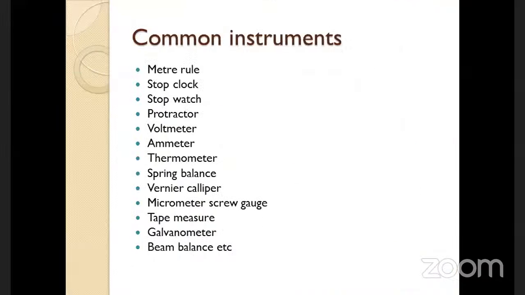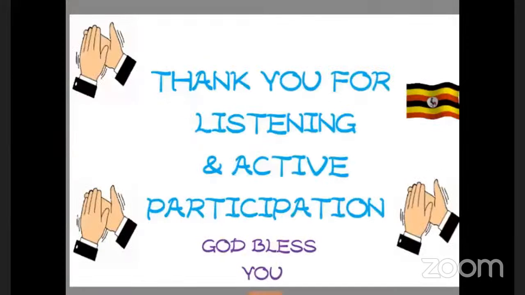So now the common instruments that we always use. Some of them we may not have mentioned all. We have the summary here. We use meter rule, stop clock, stopwatch, protractor, voltmeter, ammeter, thermometer, spring balance, vernier caliper, micrometer screw gauge, tape measure, galvanometer, and then we also have beam balance, and many others that we have not mentioned here.